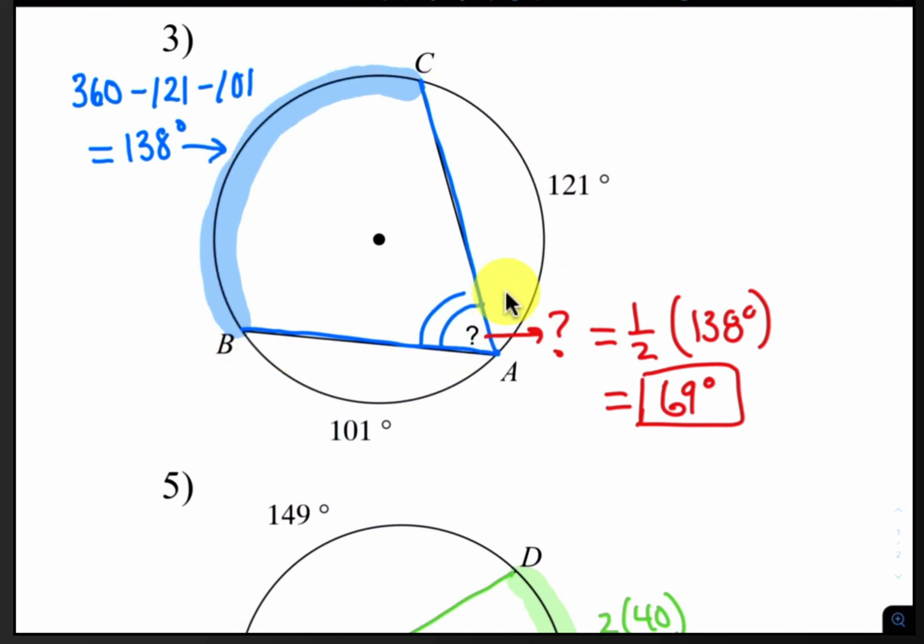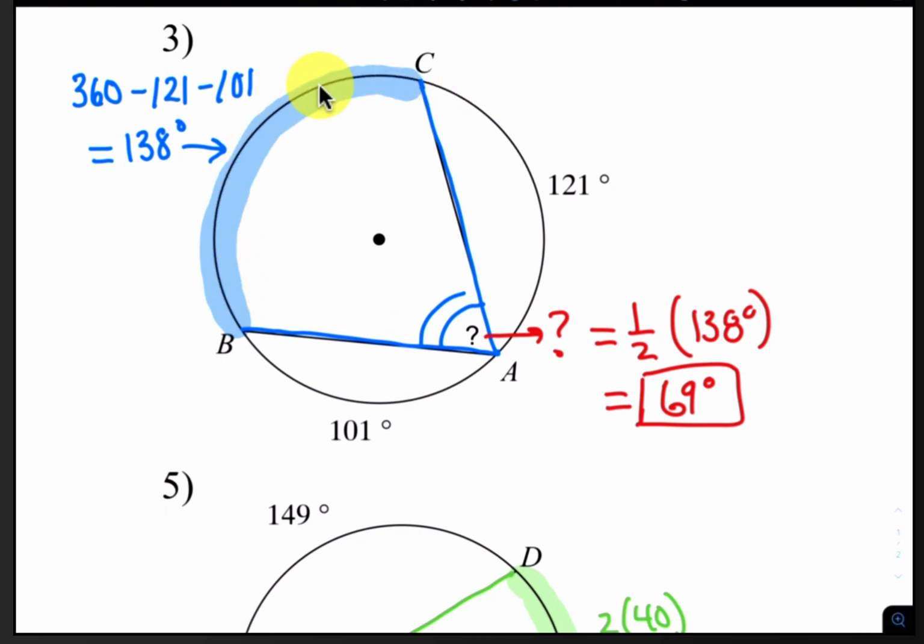We know that an entire circle is 360 degrees. So we start with 360 and then we subtract the 120, which is this arc here, also subtracting the 101. So 360 minus 121 minus 101 leaves us with this blue arc here, which is 138 degrees.